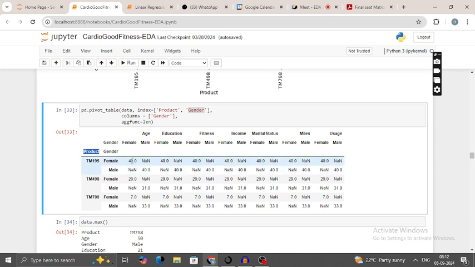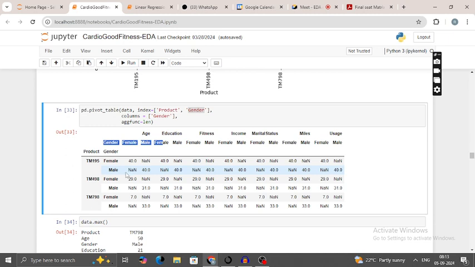Look at this, wherever there are NaN values, why are you encountering NaN values? You encounter these NaN values because, look at this, this is gender, male versus male.